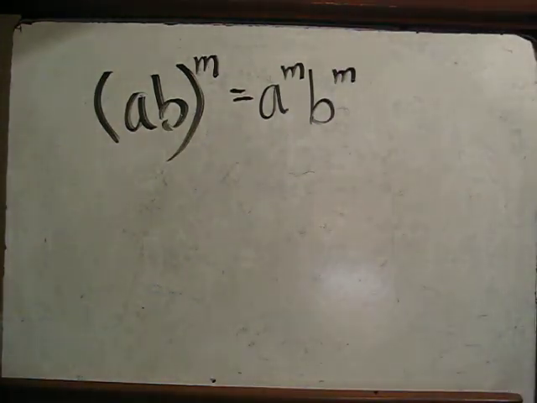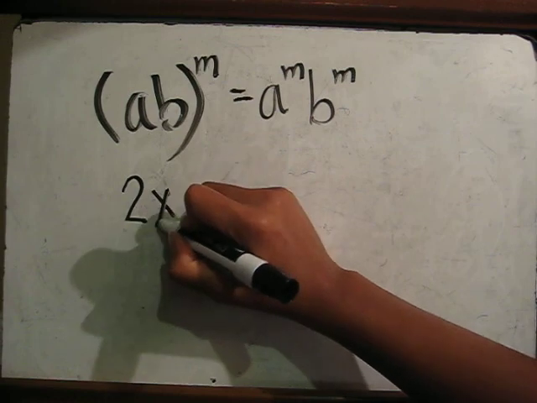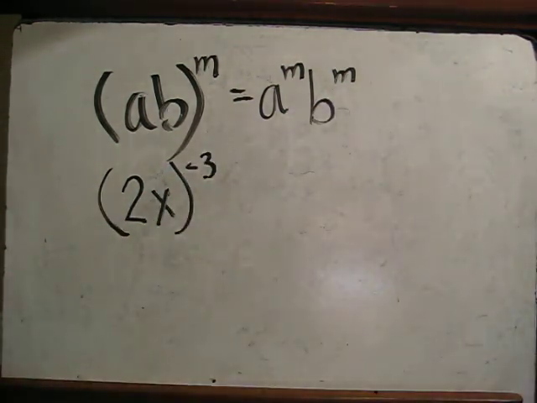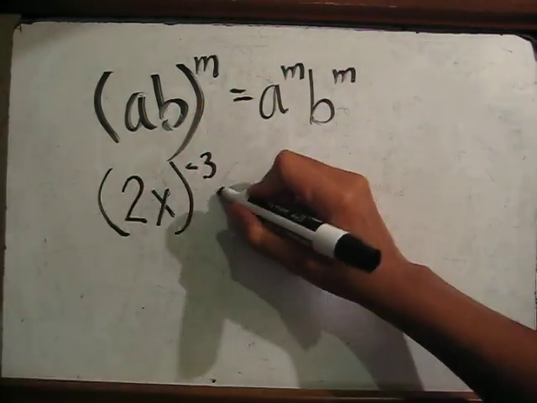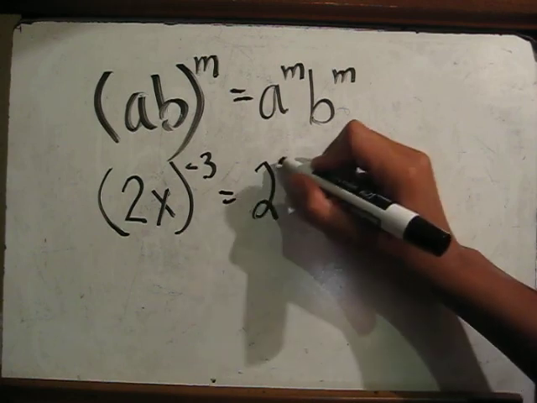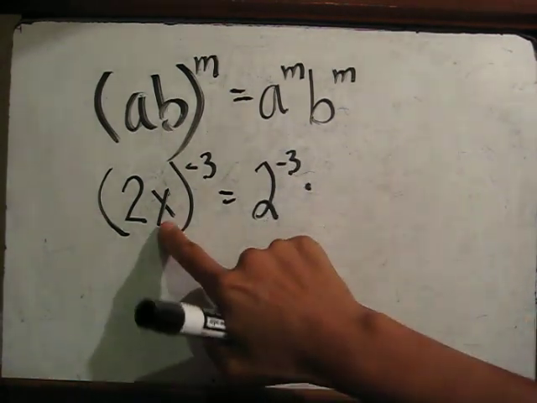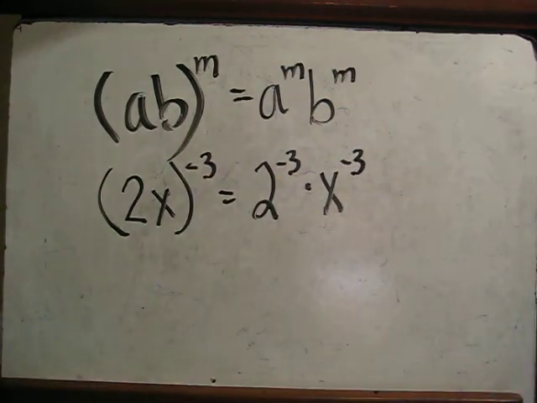So for instance, if I have a problem like this, 2 times x to the negative 3rd power, we're going to distribute this negative 3. So this becomes 2 to the negative 3rd power times x to the negative 3rd. But this can be simplified.